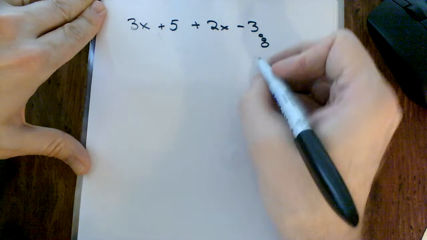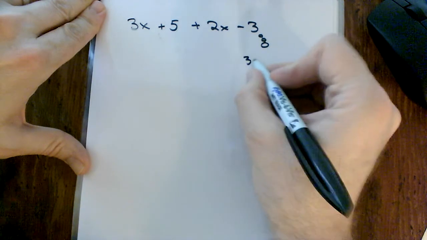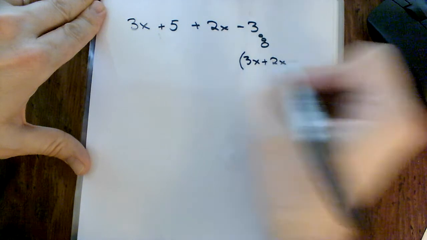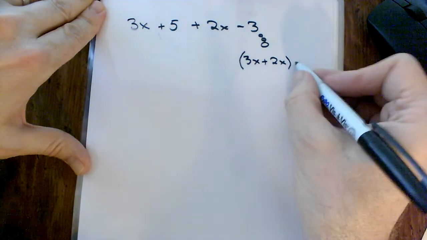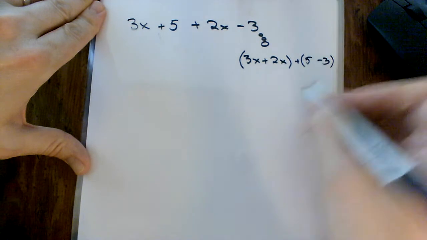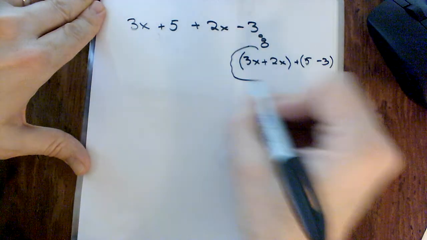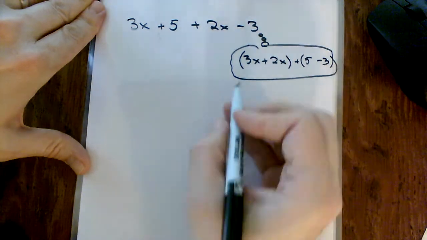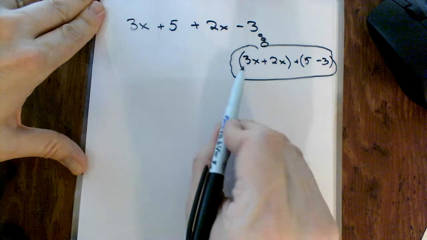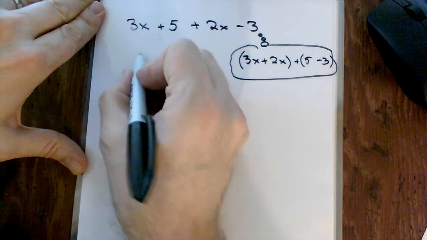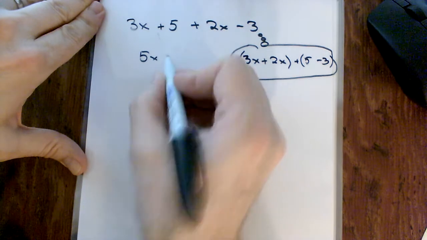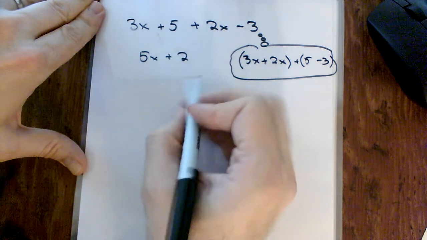So I could say this is the same thing as 3x plus 2x, which I'll keep separate, and then 5 minus 3. You don't have to write this step down. But 3x plus 2x is going to be 5x, and then 5 minus 3 is going to be a positive 2.